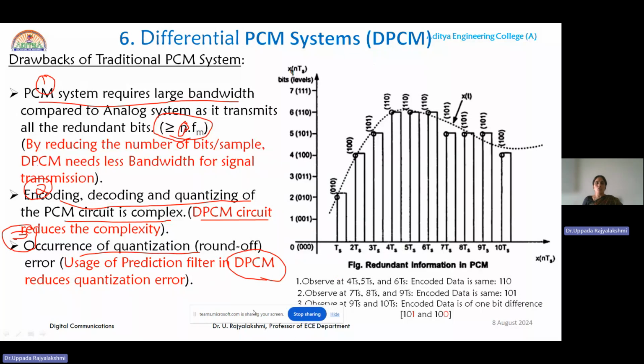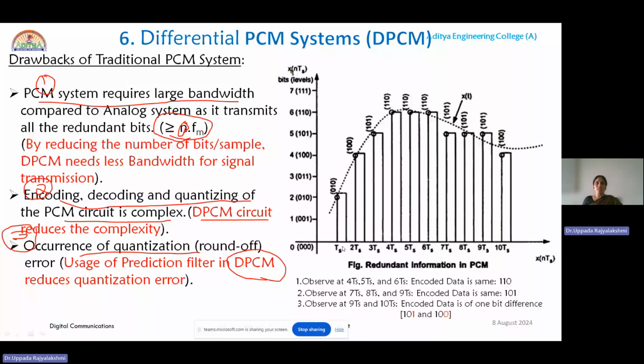And coming to the response, here you can see the response of the PCM system. For example, consider the x-axis as the input sample signal and the y-axis as the quantized amplitude. At each and every interval, for example at t equal to Ts, you can observe the amplitude of the respective signal is equal to 2.